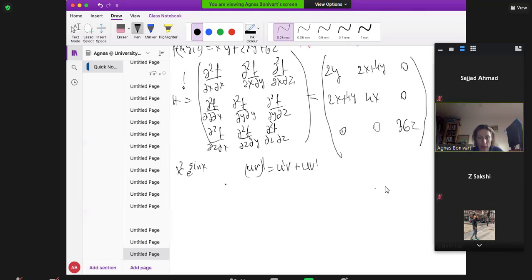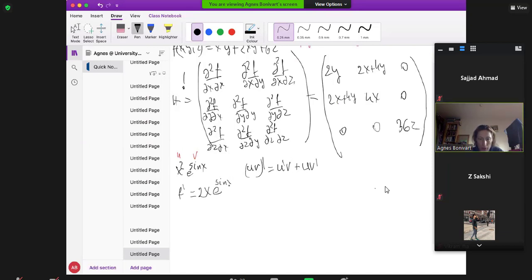Now let's apply it. So what is u, what is v? x squared is u, and e to the sine x is v. The derivative of x squared is 2x, times v as it is, we don't change it.